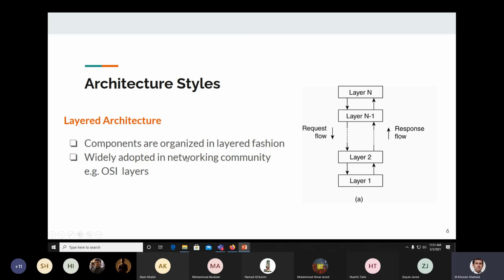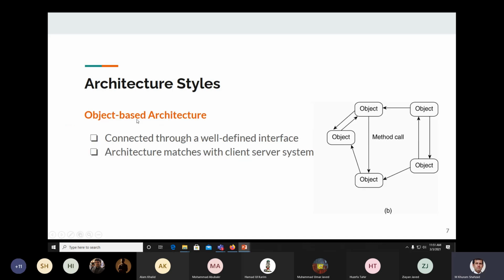There are seven layers, starting from the application layer and going down to the physical layer. In this, components are organized in a layered manner.